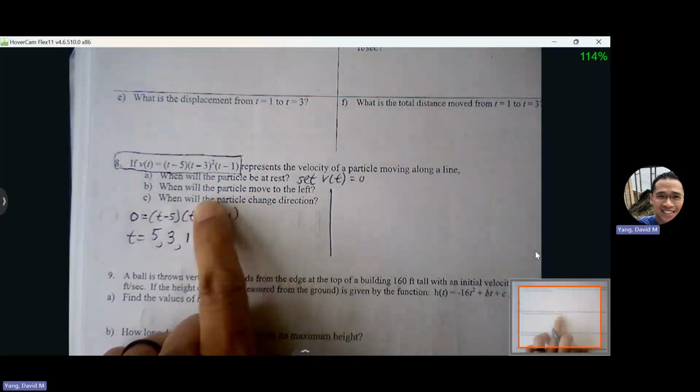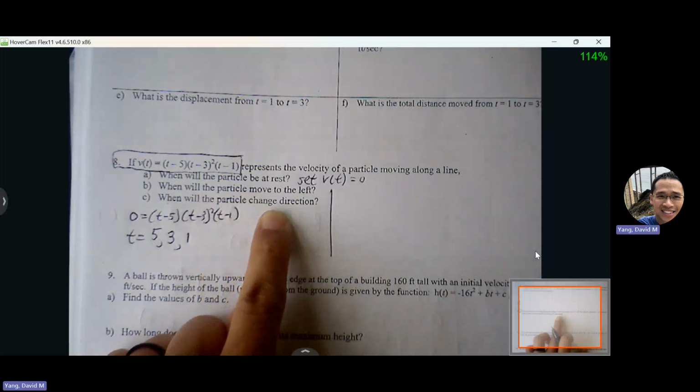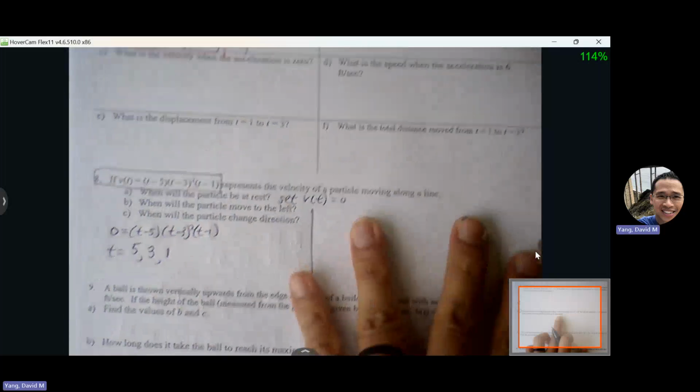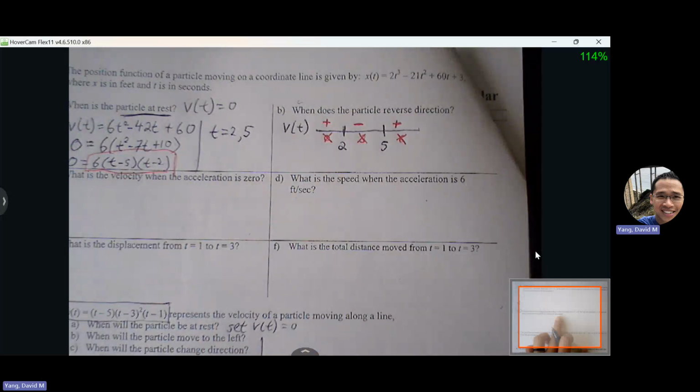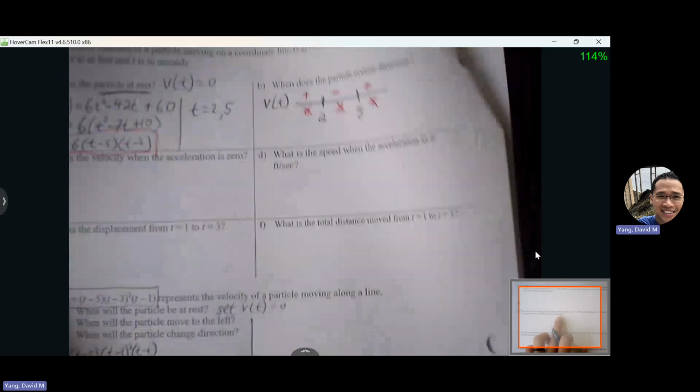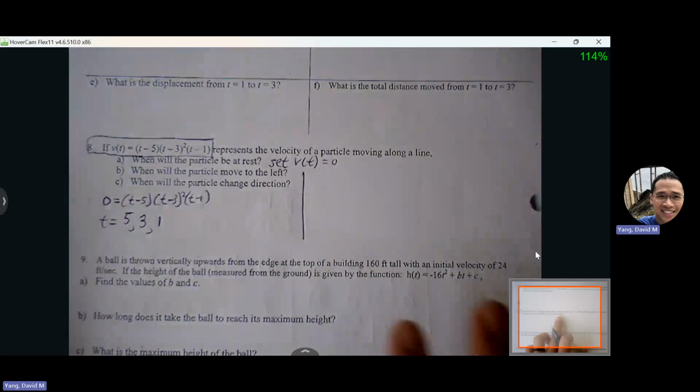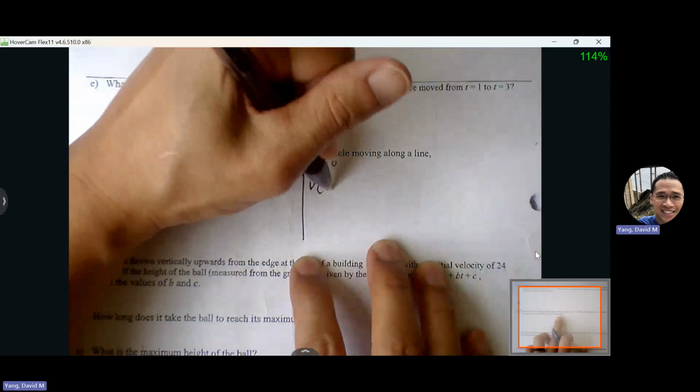Okay. When is the particle moving left? When is the particle moving right? When does the particle change direction? We're just going to create a velocity sign line, get all of our critical points and our plus or minuses, and then read everything off of our velocity sign line. So here's my velocity sign line.